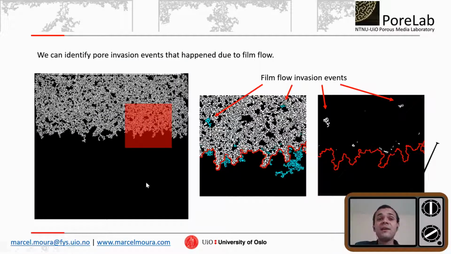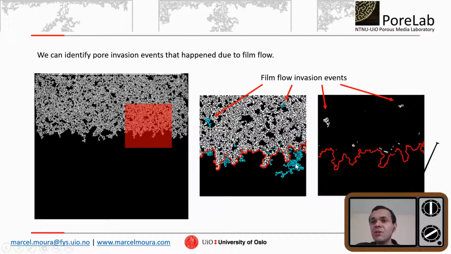So we can identify the drainage events, the pore invasion events that happen due to film flow. And that's how we do it here. This is a snapshot at some instant. What's white is the air phase, and in black is the porous medium and the liquid as well. Then we can get the front like that, and in light blue is what happens between one image and the following.